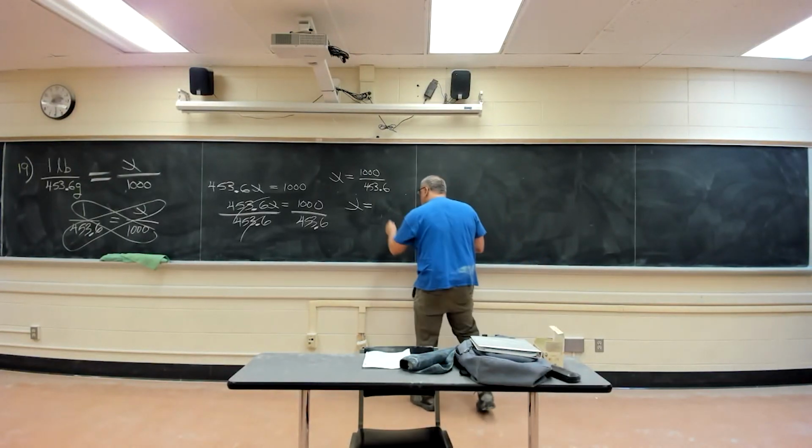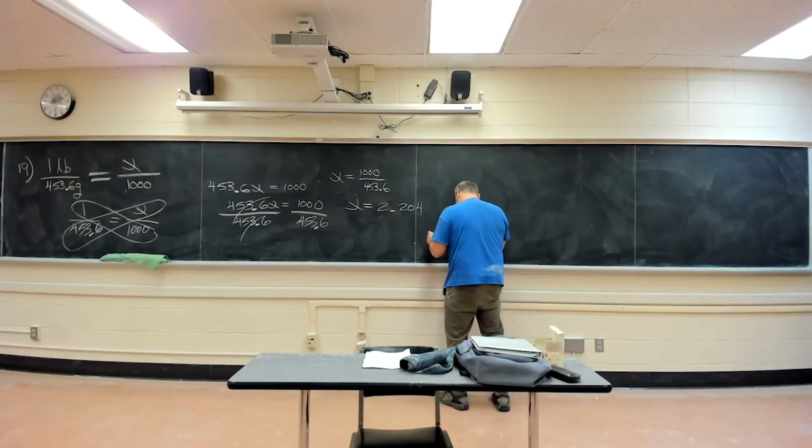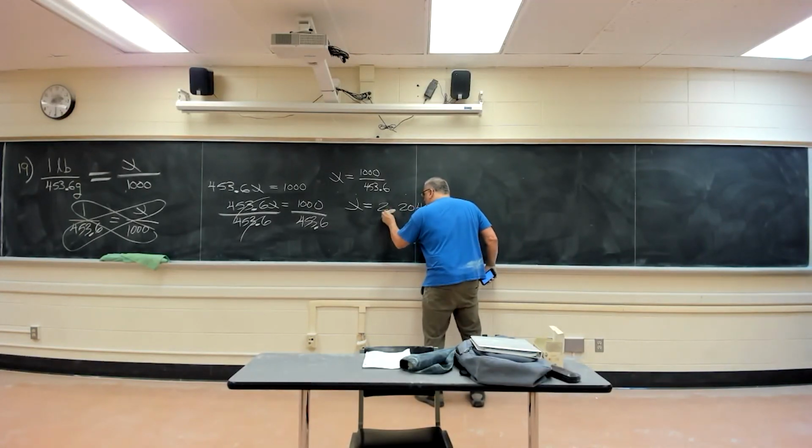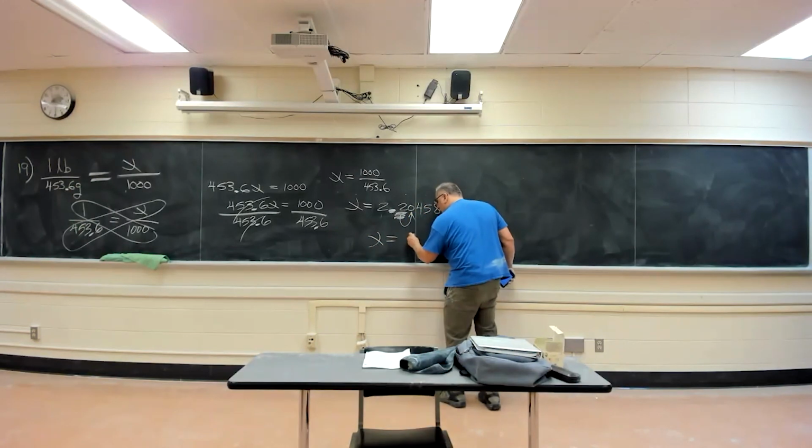Okay, that's way overkill, guys, but round it to 1 decimal place. Here you go. There's a 2. Is it going to go up any higher? No, actually not. X is going to be 2.2 pounds.